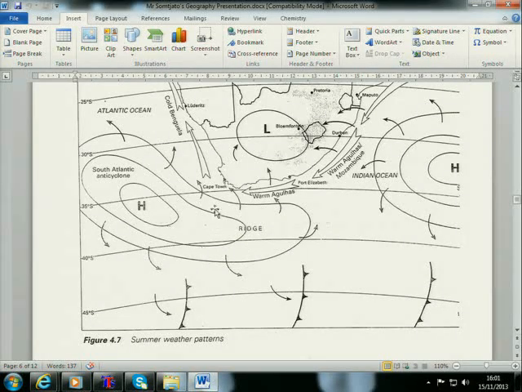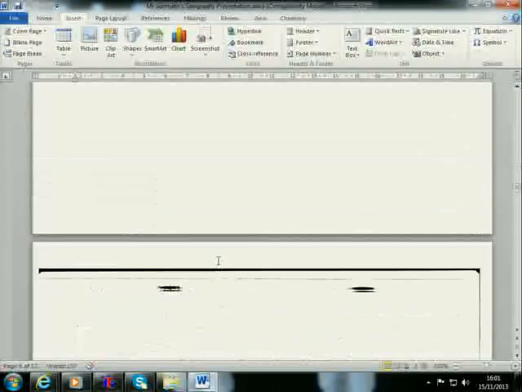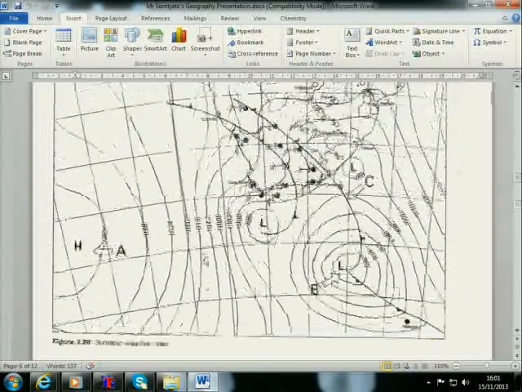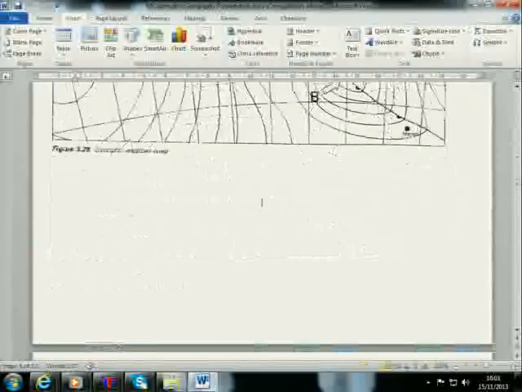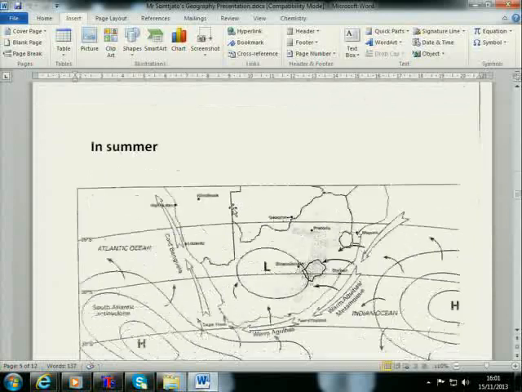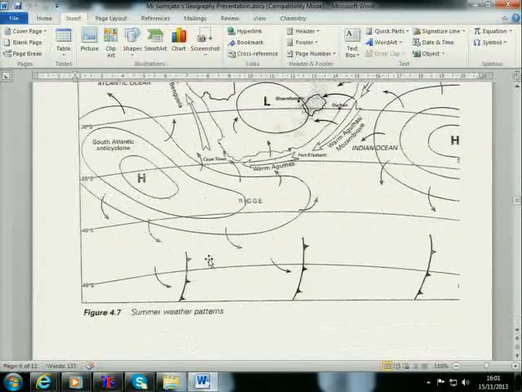The cold front is further to the south, unlike in winter. In winter, the cold front moves over the land. And during summer, the cold front passes further south of the land.